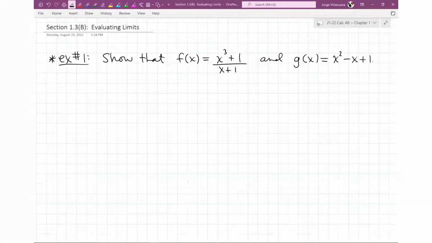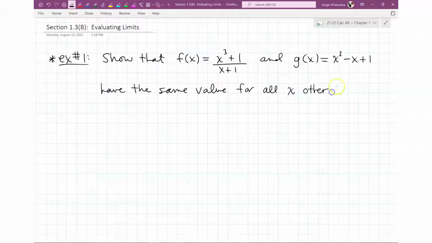Okay, so that and that have the same value for all x other than at x equal to negative 1.